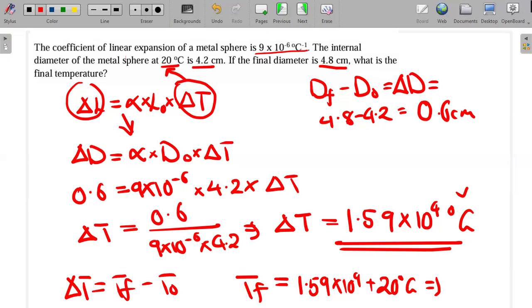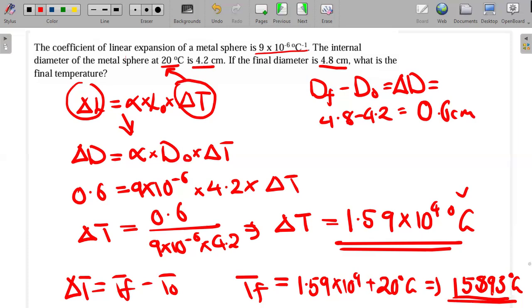Okay, so this is giving us 1589.3 degrees Celsius.